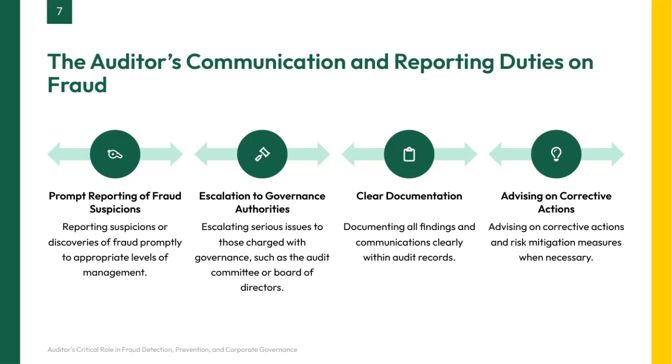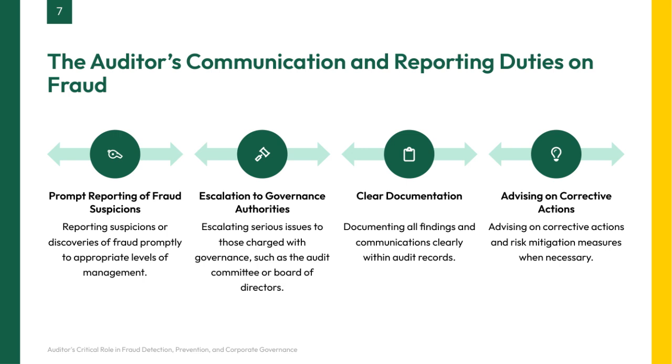As auditors, one of our key responsibilities is to communicate effectively when we suspect or discover fraud. First, it's crucial to report these suspicions promptly to the appropriate levels of management. This ensures timely awareness and action. If the issue is serious, we must escalate it further to those charged with governance, such as the audit committee or the board of directors, to make sure it receives the highest level of attention.